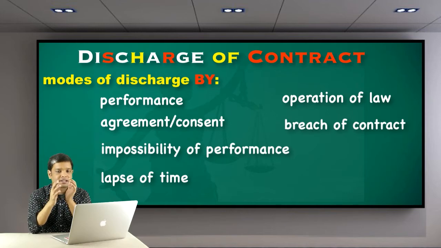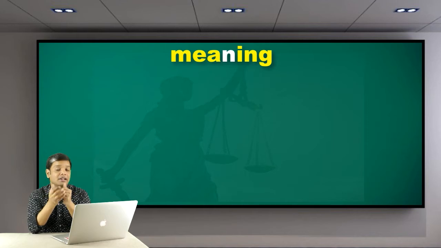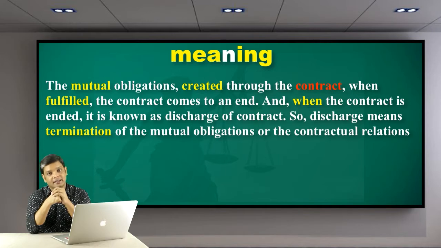So let's start with the meaning. What is the technical definition of discharge of contract? As defined, the mutual obligations created through the contract, when fulfilled, the contract comes to an end, and when the contract is ended, it is known as discharge of contract.